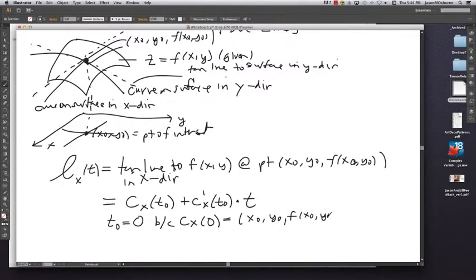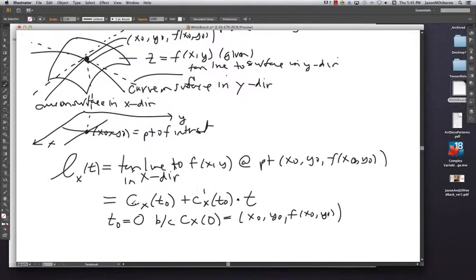It'll go through the point right here that you want it to go through. So essentially what we've got here is just the general form for our tangent line: the point plus the direction vector times the time.